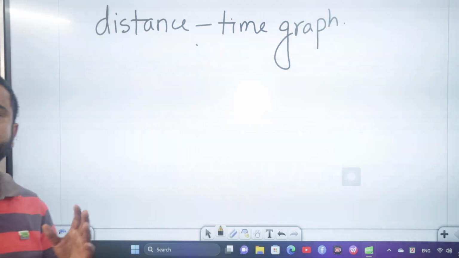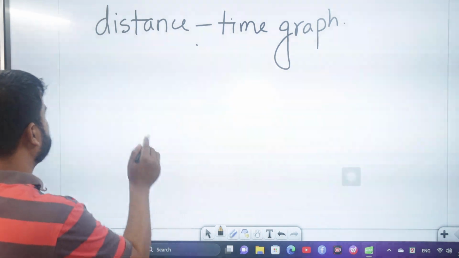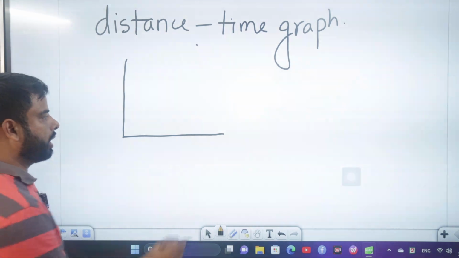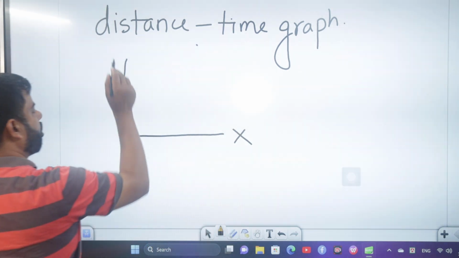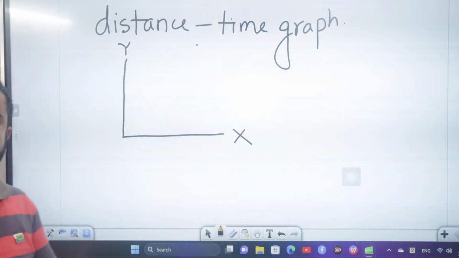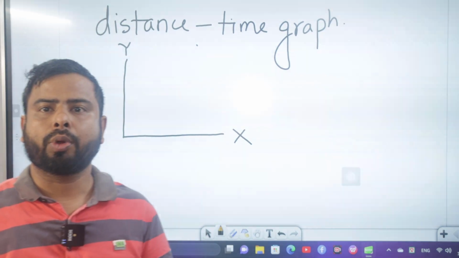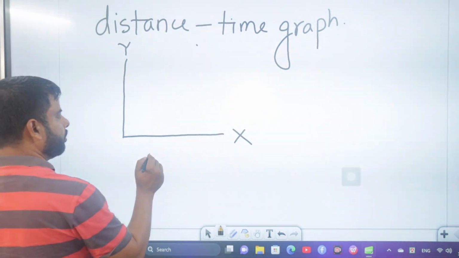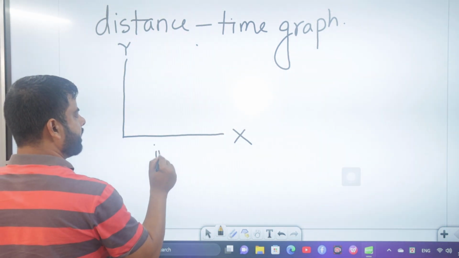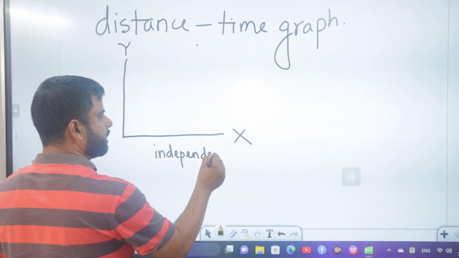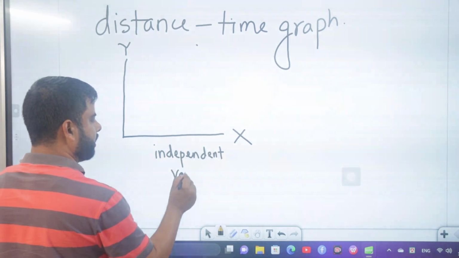Remember, when we want to plot a graph, there are two axes. One is x-axis, horizontal axis, another is y-axis or vertical axis. When we plot a graph, in x-axis we should put the independent variable.